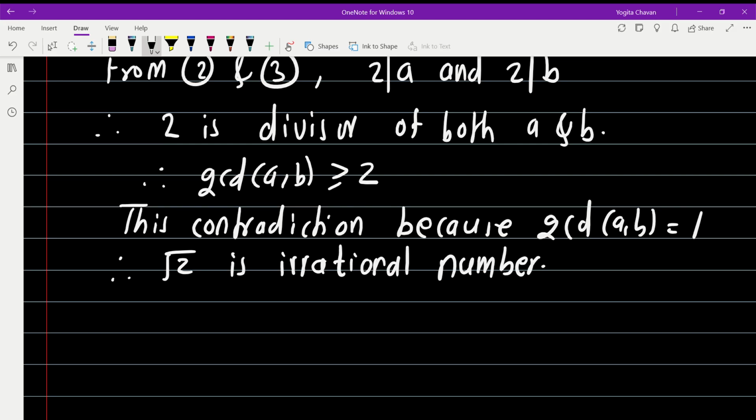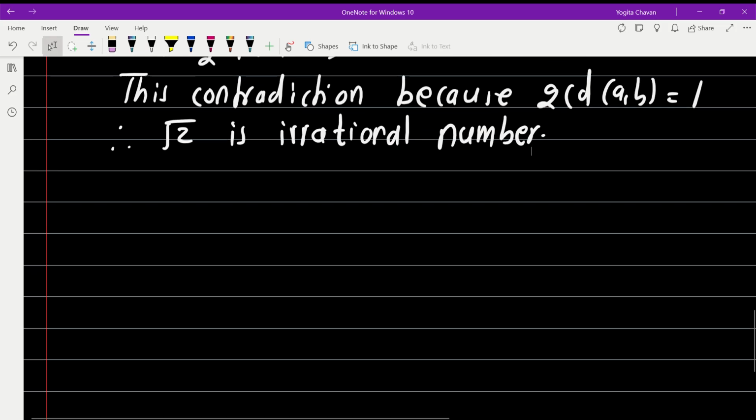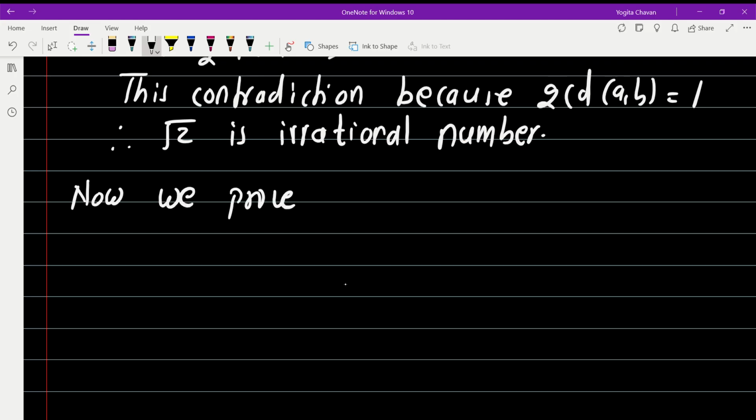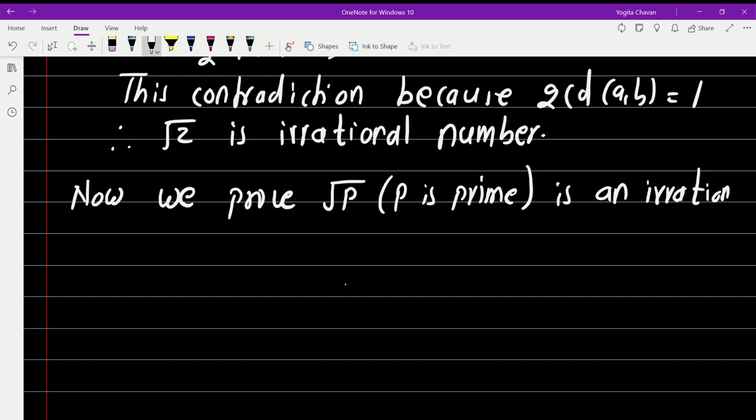Now next we prove root p, where p is any prime number, is also an irrational number. We prove root p, where p is prime, is an irrational number. Again, proof by contradiction.